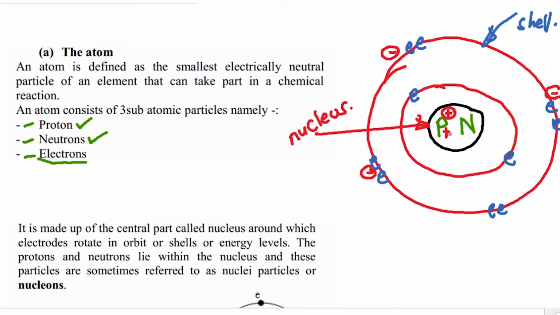And in the nucleus, it's where we have the protons, which are positively charged, and then we have the neutrons. Now, the neutrons do not have any charge, so their charge is zero. So the protons have a positive 1 charge, the electrons have a negative 1 charge, and the neutrons have 0 charge. That's just how it is.